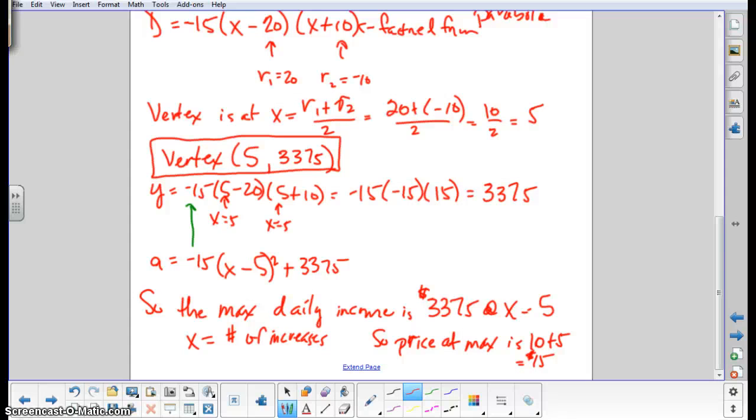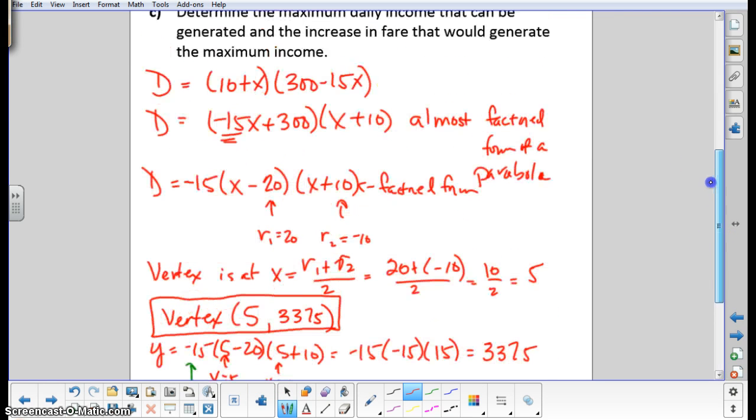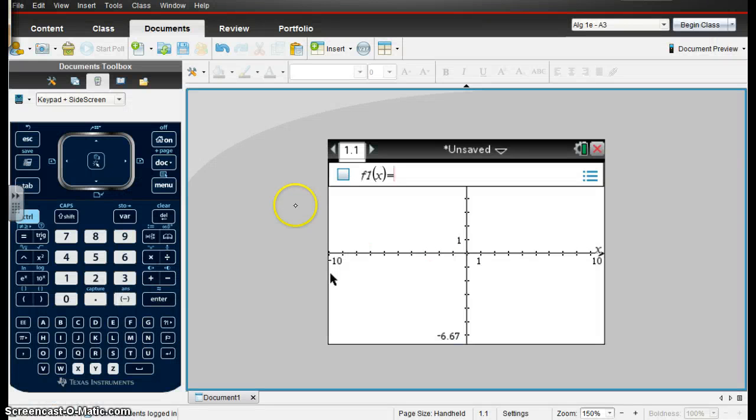Okay, so our equation is 10 plus x times 300 minus 15x. Let's bring that up on the navigator. Okay, so this is the equation.